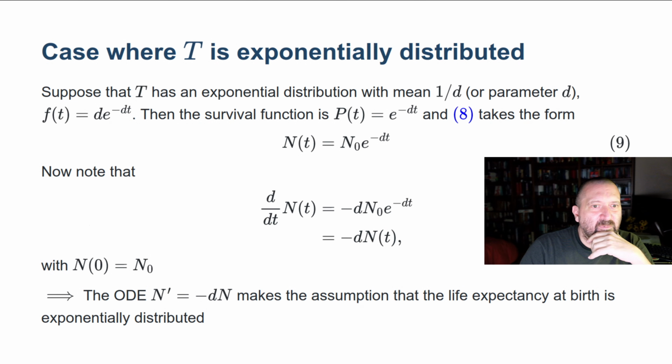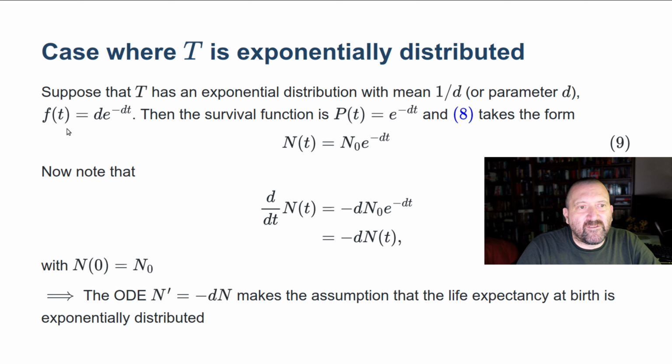Now, let's look at this model, and let's assume that t has an exponential distribution, with mean 1 over d. Remember, the parameter was theta, and the mean of the exponential distribution was 1 over theta. So here I'm specifying the mean. I could also specify the parameter d.